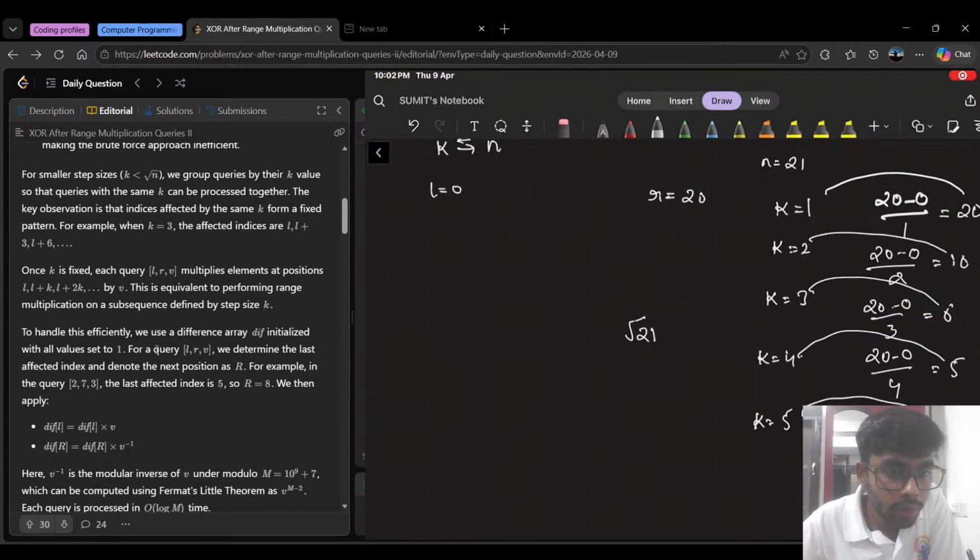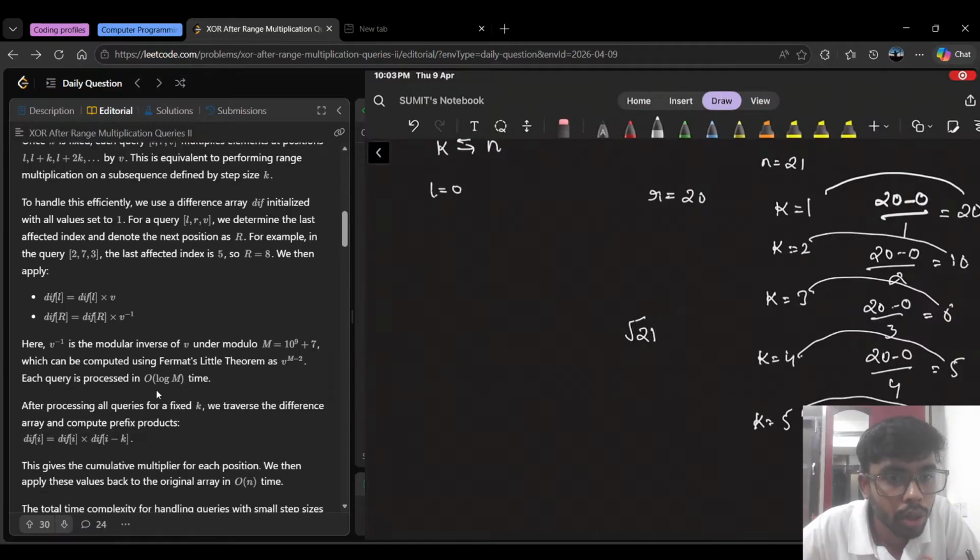To handle this efficiently, we use a difference array initialized with all values set to 1. For a query L, R, V, we determine the last affected index and denote the next position after it. For example, in the query 2, 7, 3, the last affected index is computed using V minus 1 modulo k.